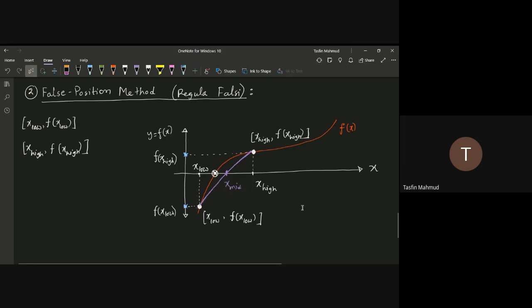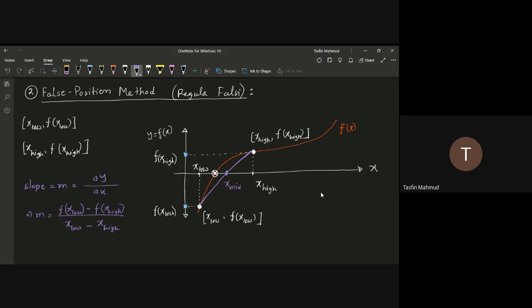The slope is m, which is delta y by delta x. So the slope would be f of x low minus f of x high, divided by x low minus x high. This is our slope.